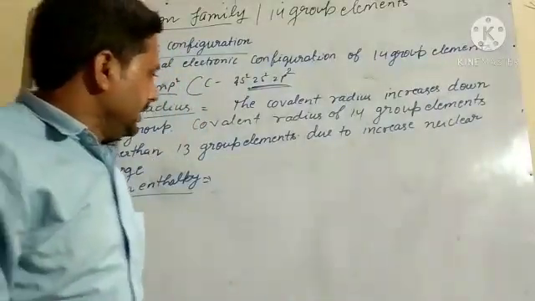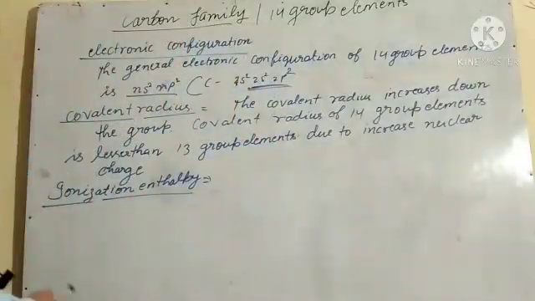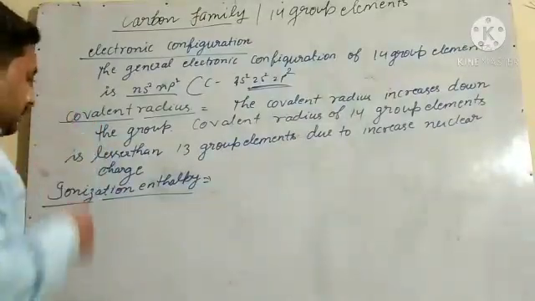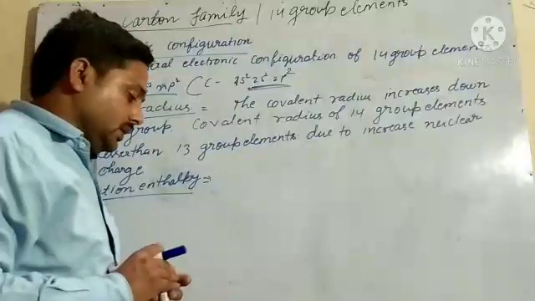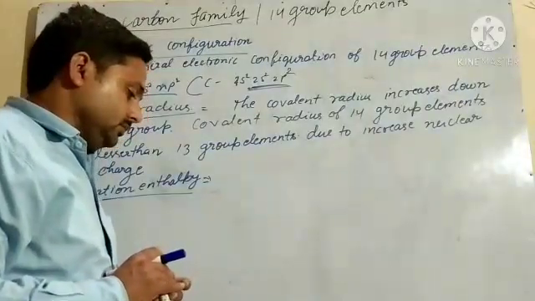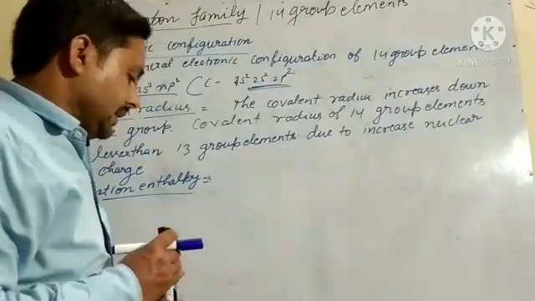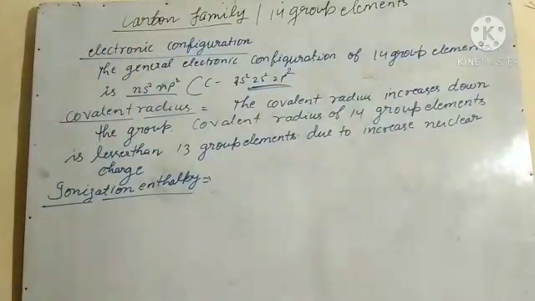Like that it happens here also. The ionization enthalpy decreases down the group from carbon to silicon, and after that there is no regular change.